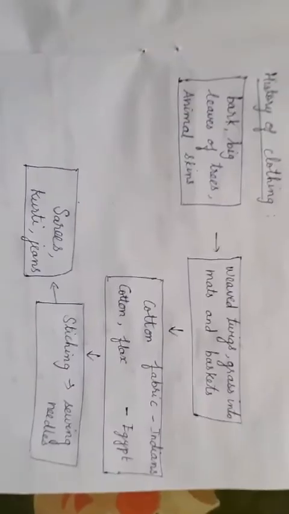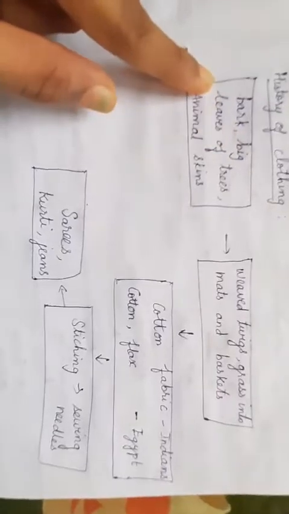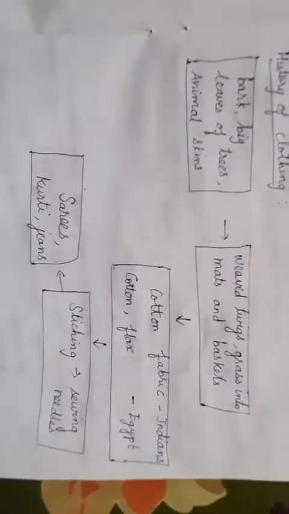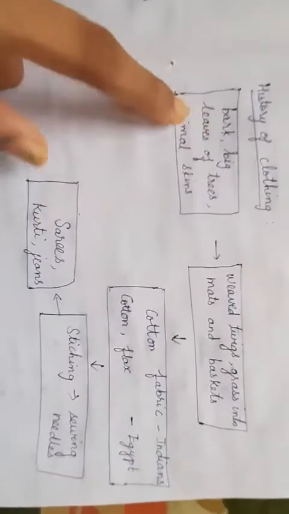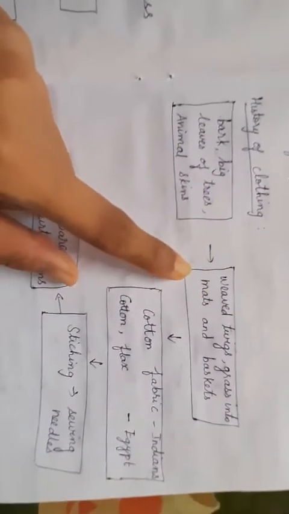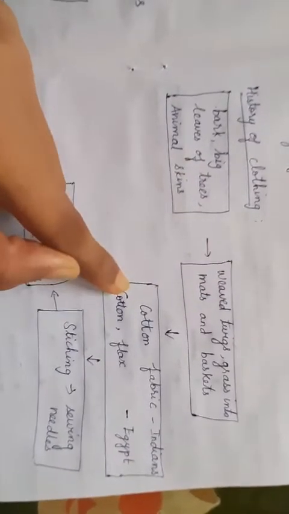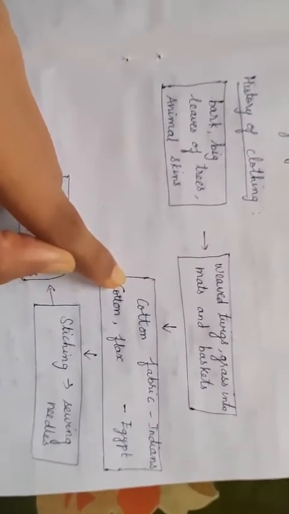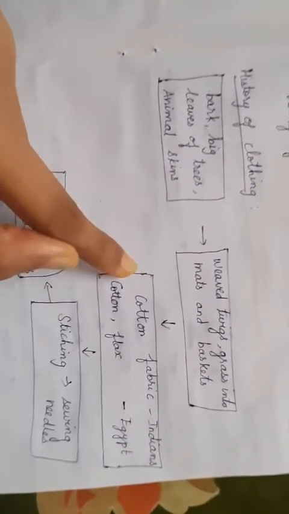Okay, children? At the end, we saw the history of clothing from the ancient period till the modern age. First, people used animal skins and leaves to cover their body. Then they used grasses for mats and baskets. Then came our fibers. Fibers from plants and animals were used for dresses.